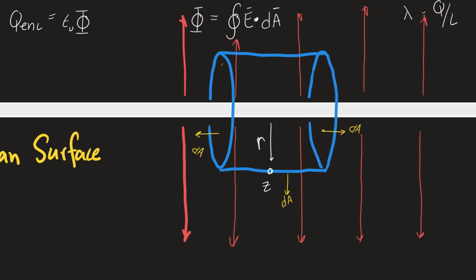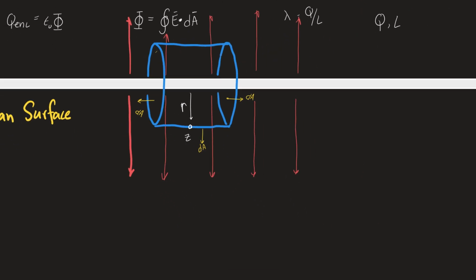Let's focus on the math for just a minute, because that's what we're here for, right? Let's take that expression that says I have to add up the electric field for the entire area, and realize as long as I add up the electric field for the entire area, I have served this purpose. So I'm going to have the electric field over the entire area for the top of the can, plus the electric field times the direction of the area for the sides of the can, plus the electric field times the area for the bottom of the can.